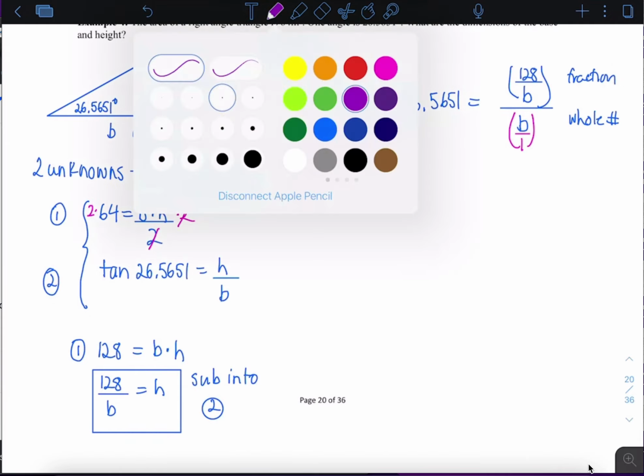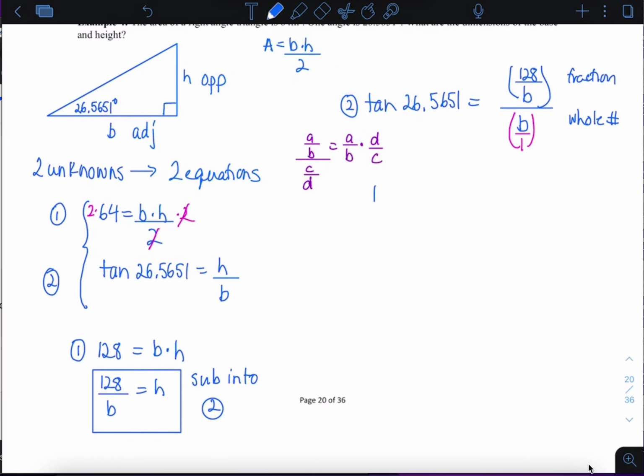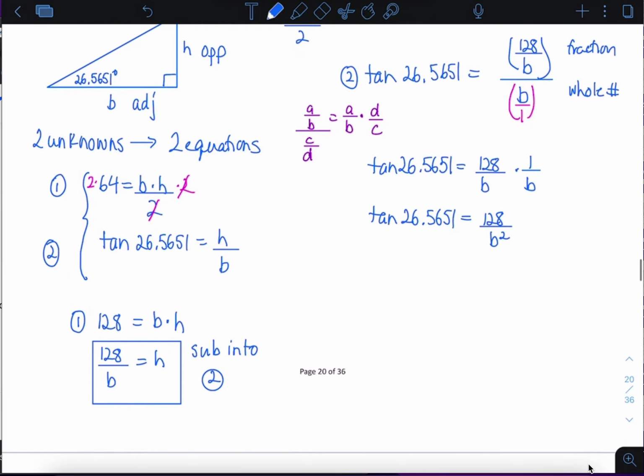So what I'm going to do is write this as tan 26.5651 equals 128 over b times 1 over b, and that just simplifies to 128 over b squared.